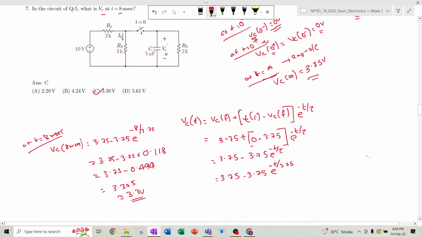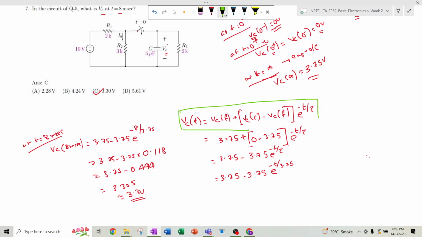We use this formula, which I derived at the start of the lecture: at any point of time, the voltage or current across any component equals the final value plus (initial minus final) into e to the power minus t by tau. Tau is the time constant, equal to RC in the RC circuit and L by R in the RL circuit.